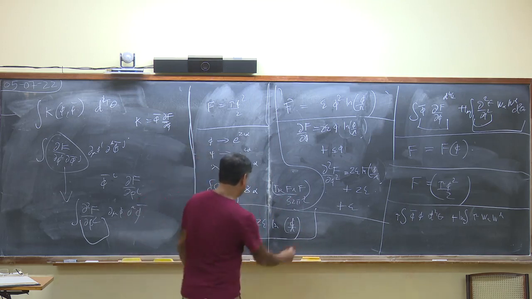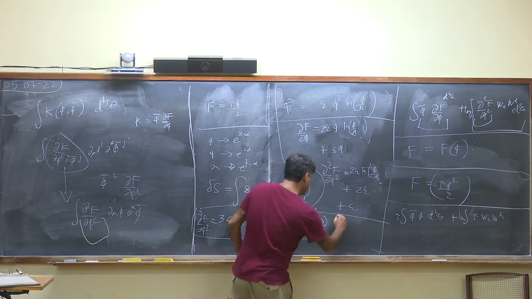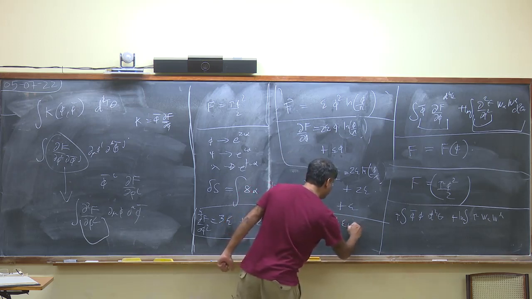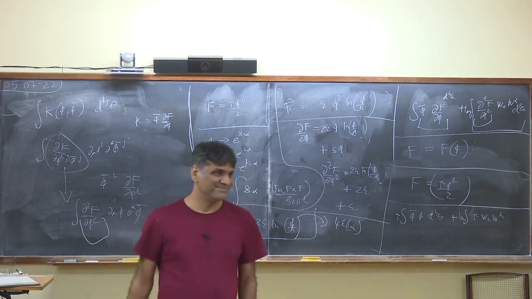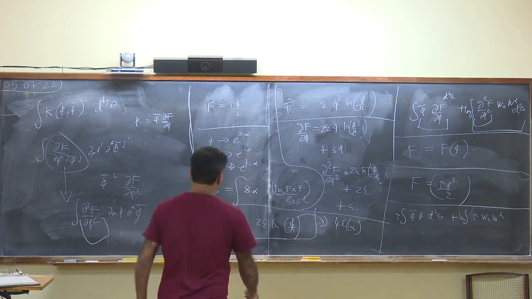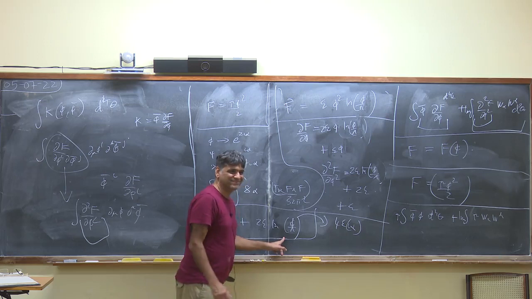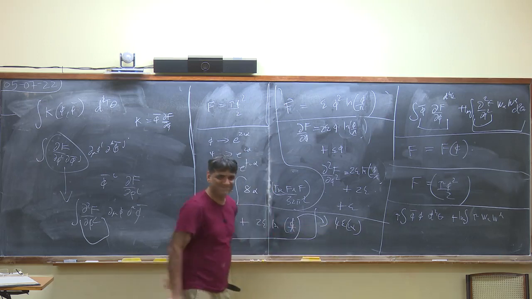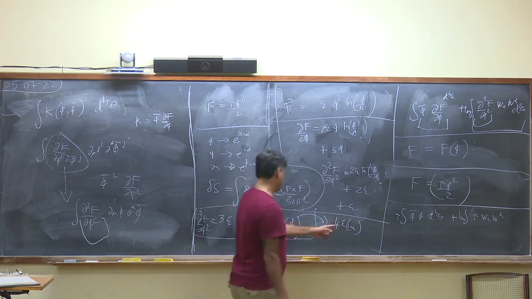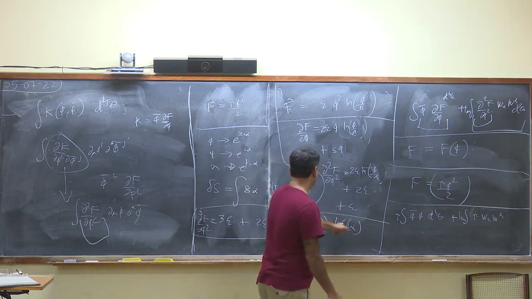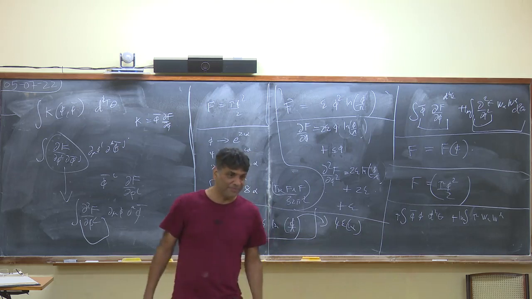So under this symmetry, the change in this is 4 zeta I alpha. The 4 came because 2 zeta and then 4 alpha.